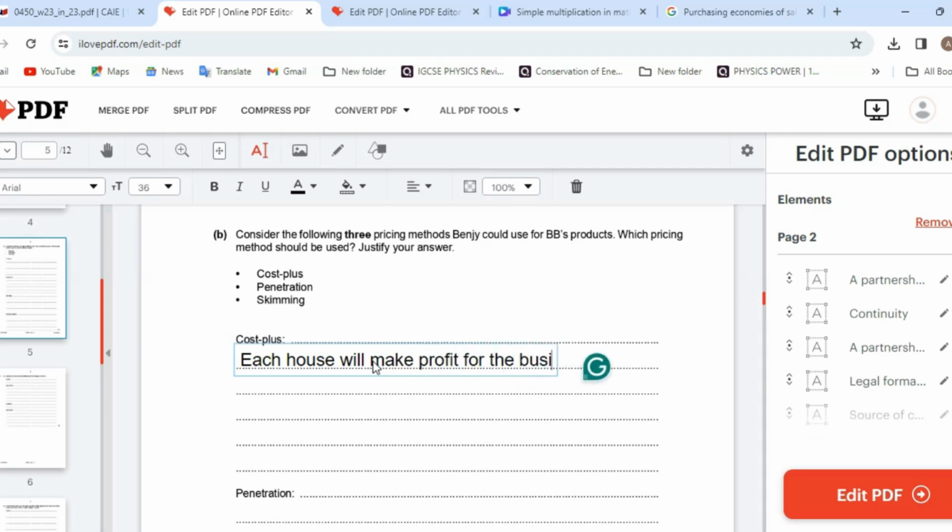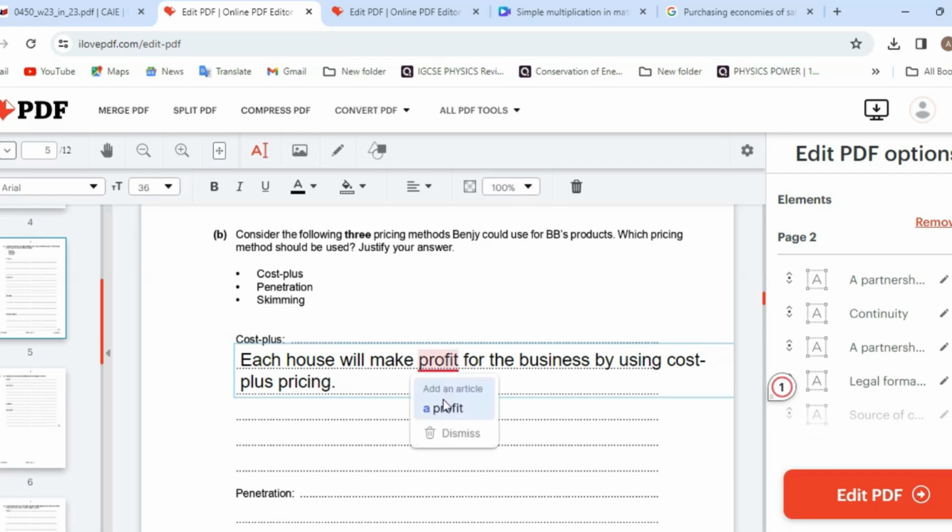Of course, it is also easy to apply because different markup for different houses. It will depend on demand. Let's pick one disadvantage before we can move to penetrating pricing method.